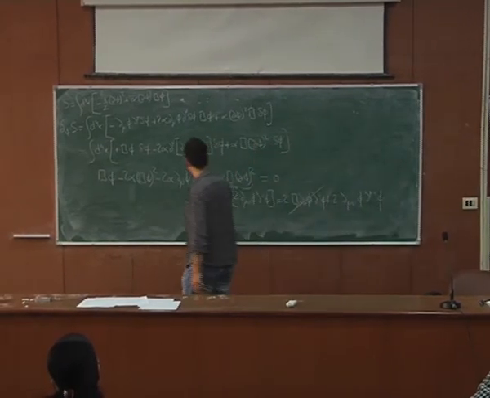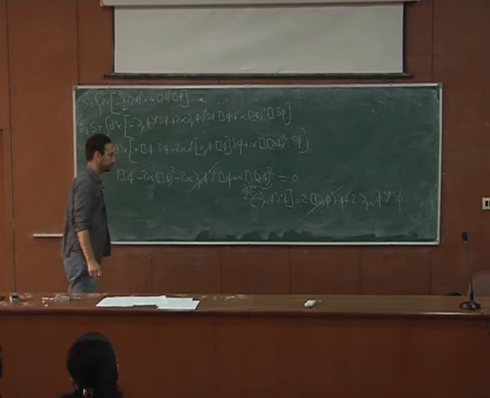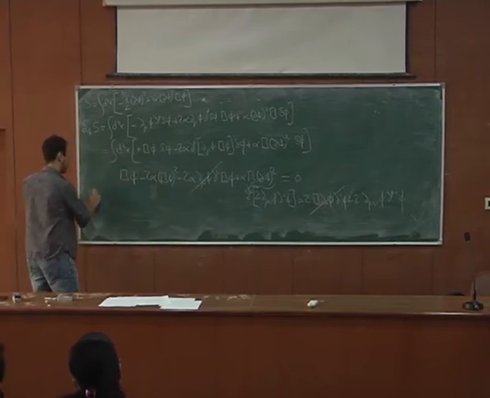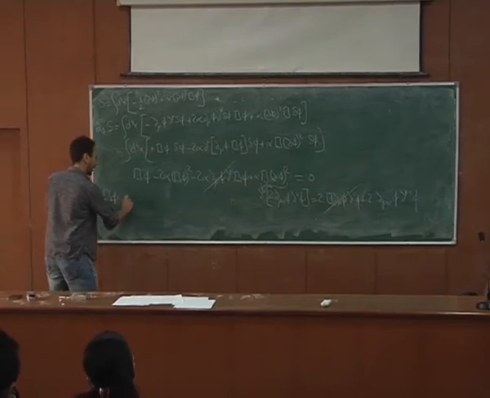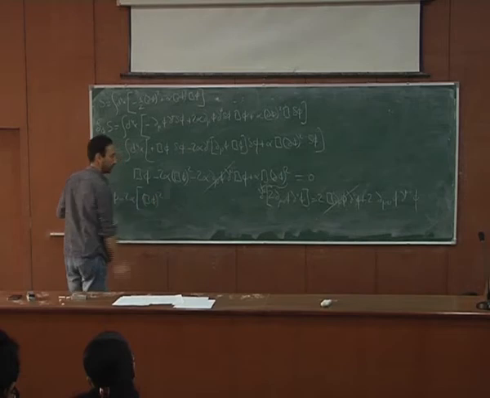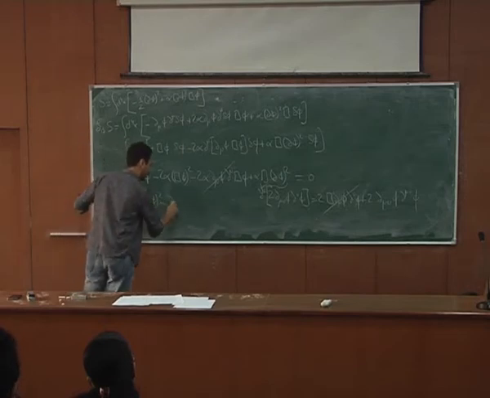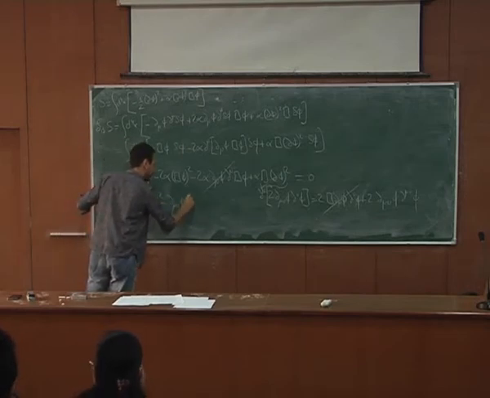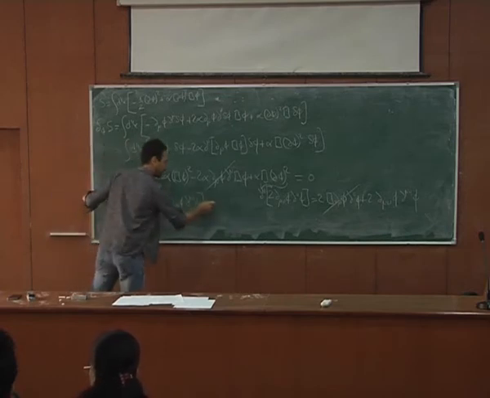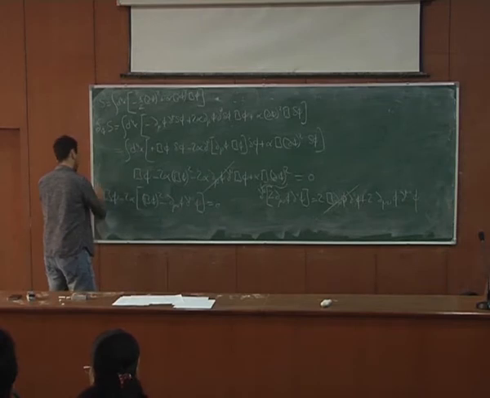This one should cancel with this one. So what we have at the end is this equation: box phi minus 2 alpha box phi squared minus d mu nu phi d mu nu phi equal to 0.